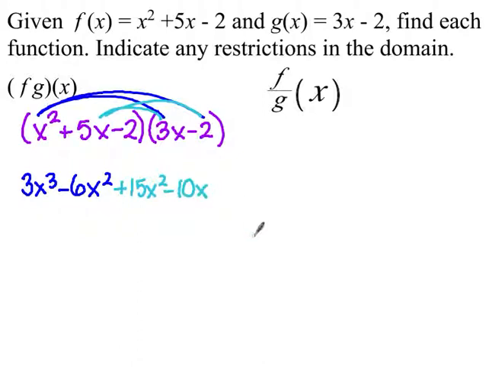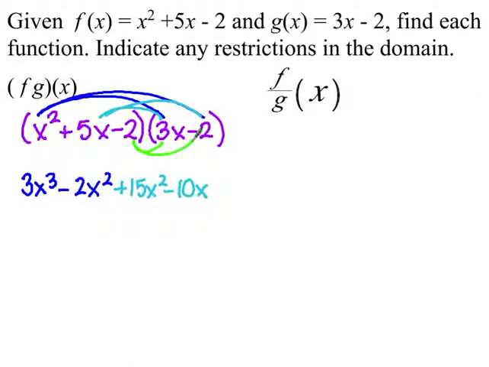Actually, how did I get negative 6 squared? Because that's x squared times, oh, it should be negative 2x squared. Sorry, that should be a negative 2. Okay, and then last but not least, let's look at our negative 2.